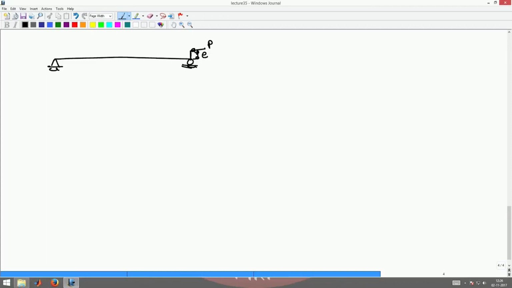Now, I go through the same procedure, the column deforms into some shape like this, I cut it here, I draw the free body diagram, there is a load P acting at an eccentricity of e from the neutral axis, okay, to the axis of the beam.